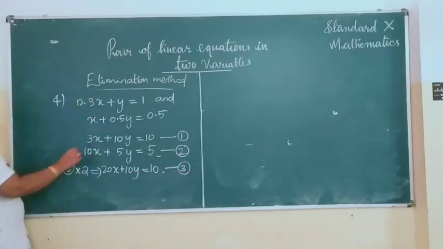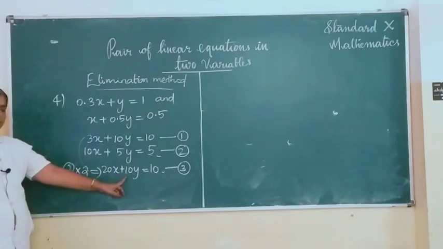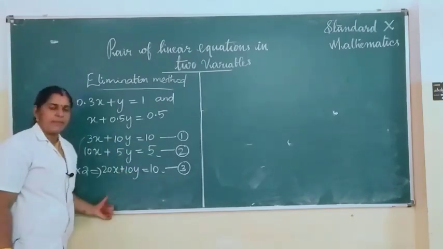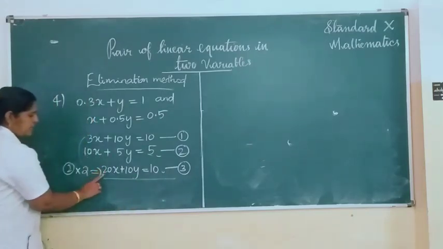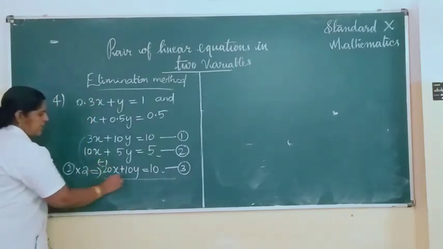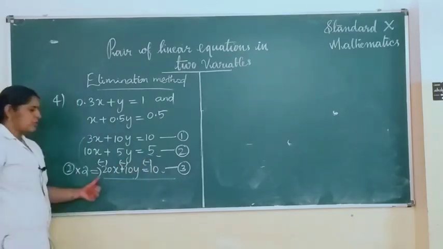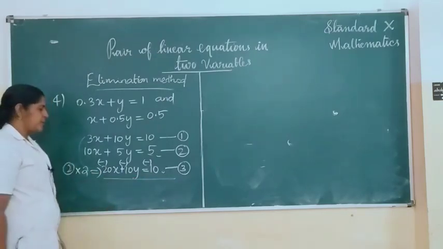Now you see this first and third one. You can easily eliminate y by subtracting. So when you subtract, the sign of the second equation will change: this plus becomes minus, here also minus, here also minus. Change all the signs of the terms in the second equation.